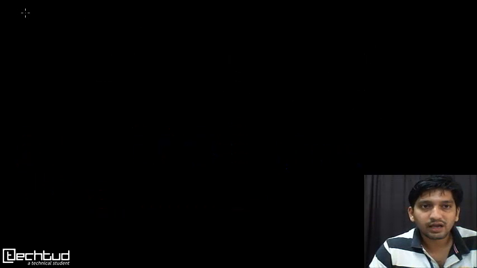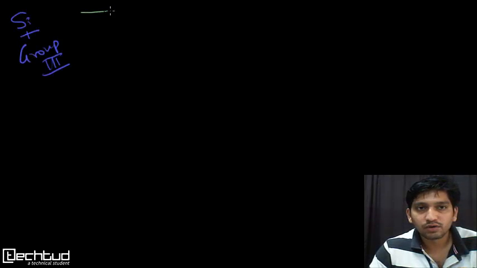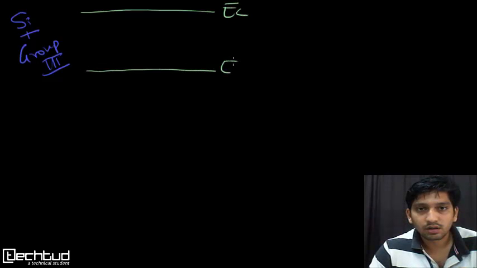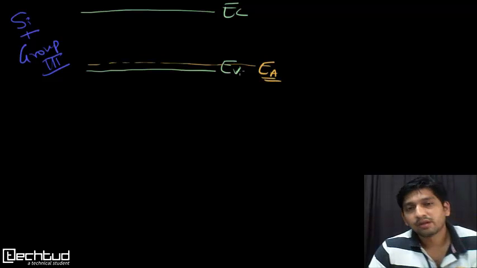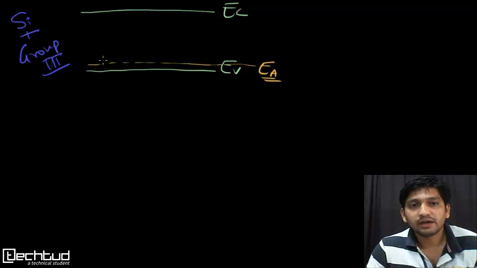Similarly, for group 3 elements, suppose they are combined with the semiconductor, how does it look? So this is your EC, this is your EV, and this is the acceptor impurity level. What will the introduction of group 3 elements into the semiconductor do?